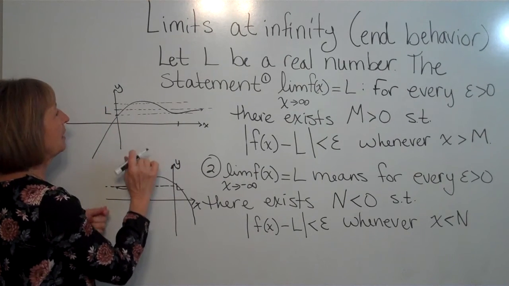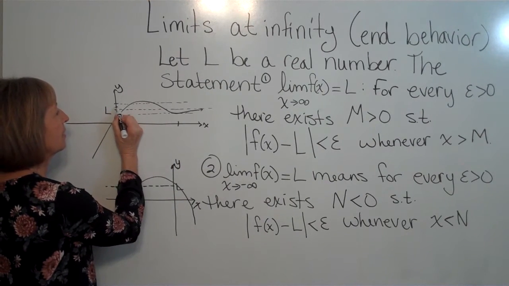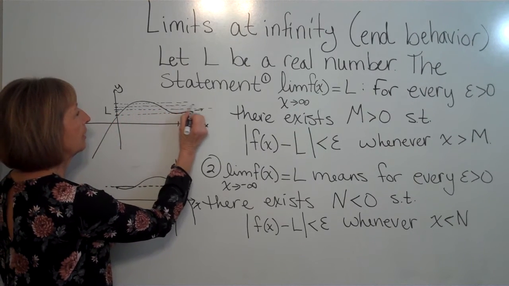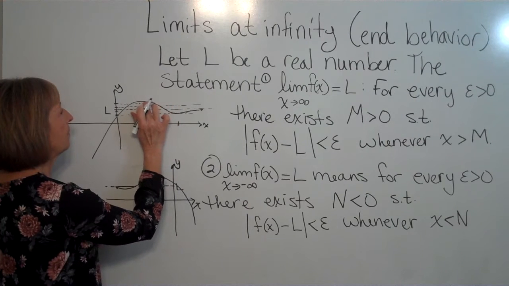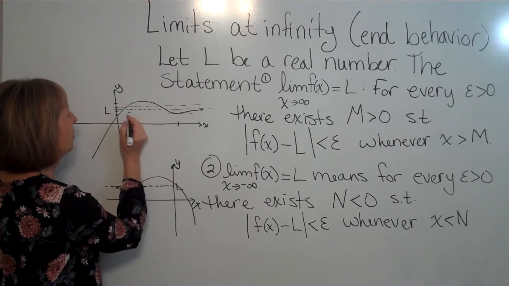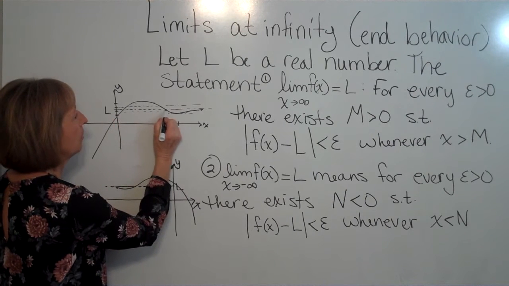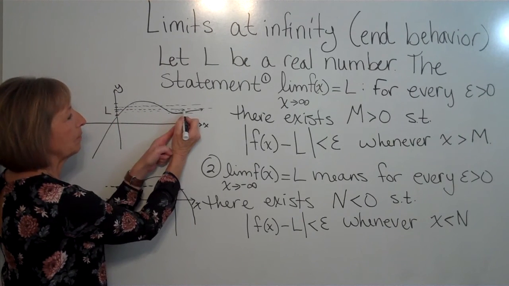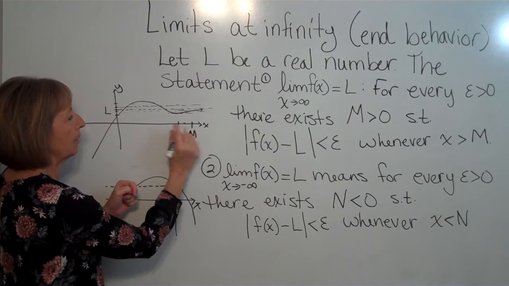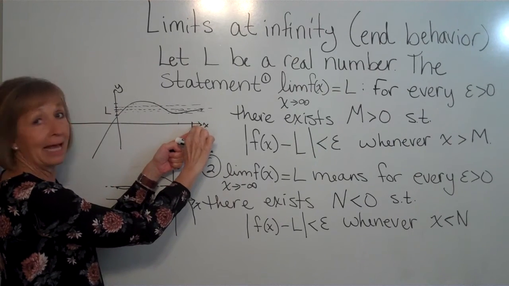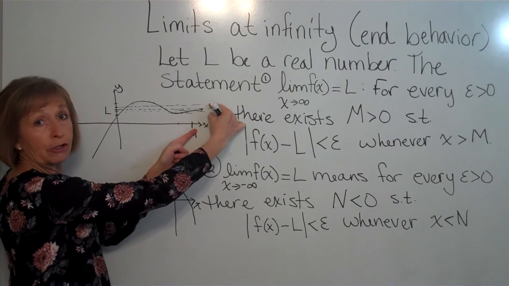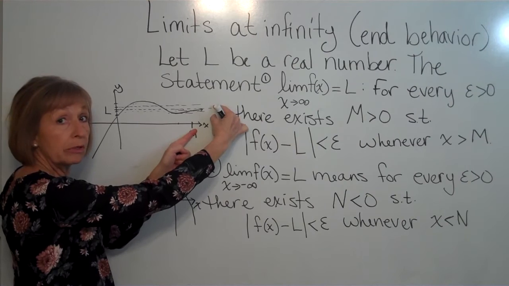If someone gives me a different epsilon that's smaller than that, then I would have to look with that new epsilon band at how far out I would have to go. So if I had a smaller band, this M wouldn't be enough anymore. I would have to go all the way out to here for my M, so that any x bigger than that M would produce an output of my function that would still be in that new smaller band.